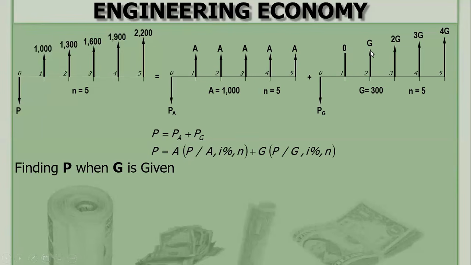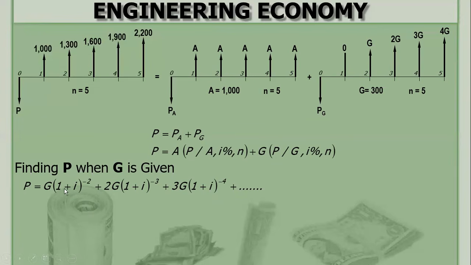So we start with G times, we use the compound interest formula to solve for P. P is equal to F times 1 plus I raised to negative N. So for this one, it's G times 1 plus I raised to negative 2, and then plus 2G times 1 plus I raised to negative 3 and so on until the last payment. So we have this for period 2, period 3, period 4, and so on.